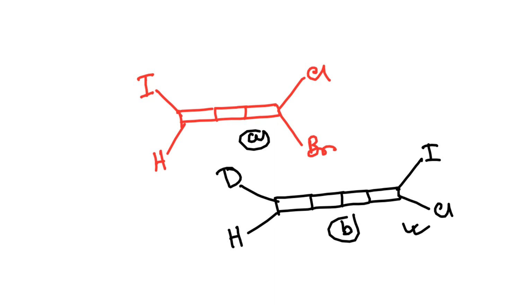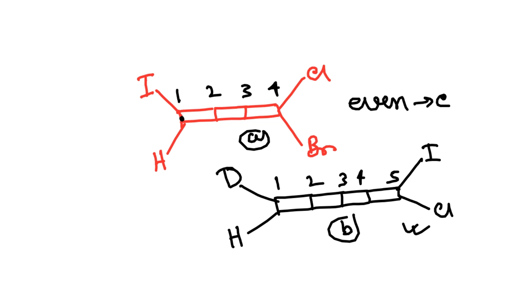Here one thing you have to remember. Here the carbon numbers are 1, 2, 3, 4. Here it is 1, 2, 3, 4, 5. If you have an even number of carbons, then the system is planar. If you have an odd number of carbons, then the system is not planar.